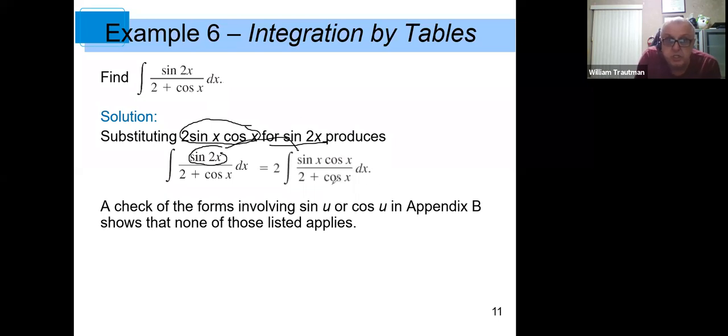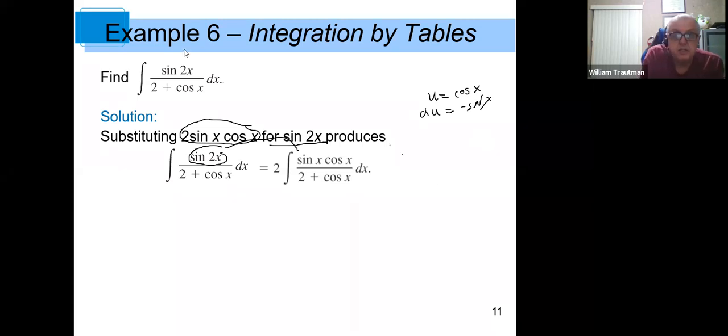So now if you look, since it's on the bottom and it has an x, we can call this u. U equals cosine x. The derivative of u is negative sine x. All right, so now that we have u and du, if I rewrite this part, I end up with 2 plus u.